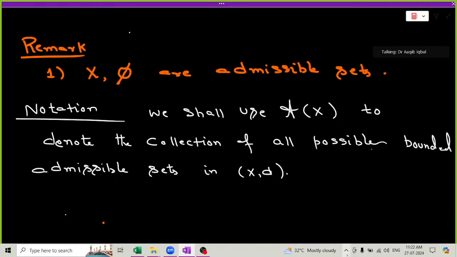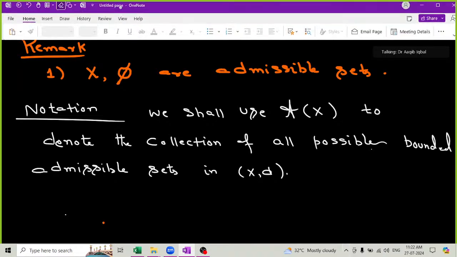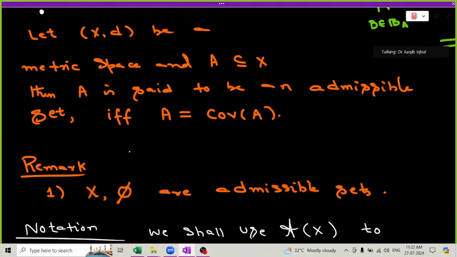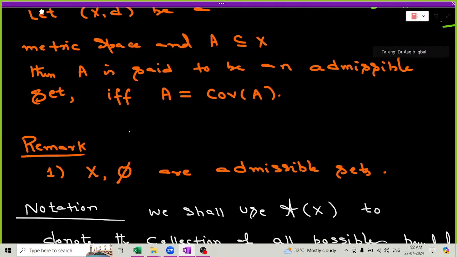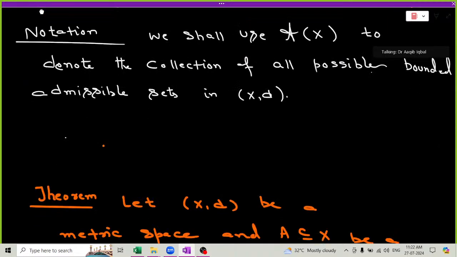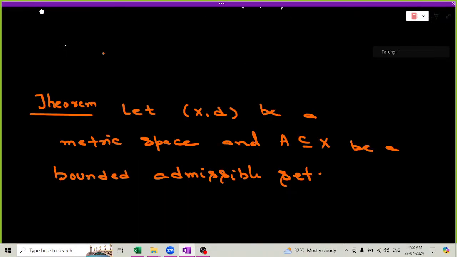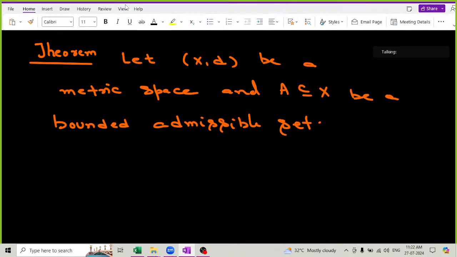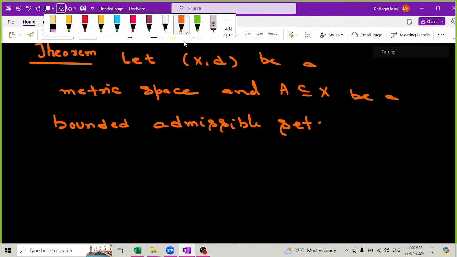ठीक है. बाकी जो एडमिसिबिलिटी डेफिनेशन है उसमें वो हम बाउंडेडनेस रिक्वायरमेंट इनकॉर्पोरेट नहीं कर रहे हैं, बिकॉज अदरवाइज विल हैव अ प्रॉब्लम विद X. Be a bounded admissible set. So therefore this A is coming from script A_X.